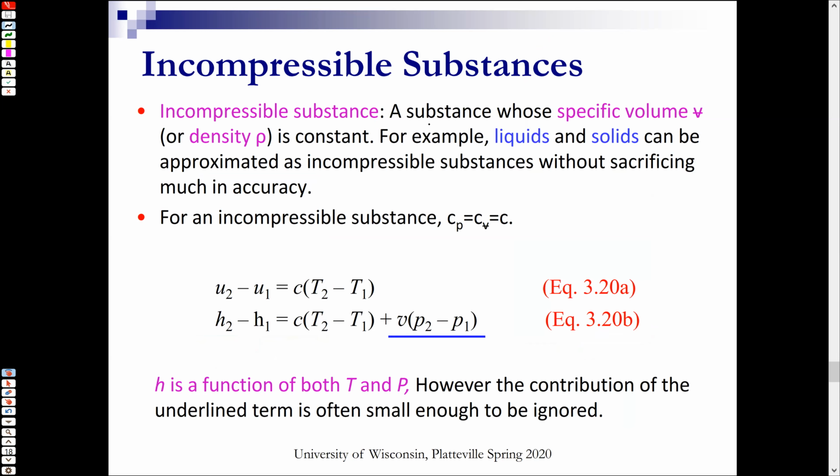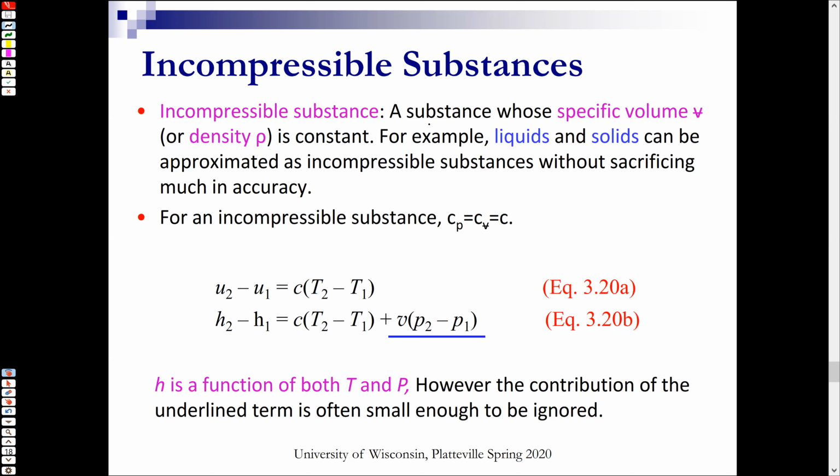For instance, the density of water under huge pressure, like the density of water at the floor of the ocean, is higher than the density of water on the earth's surface, because of the huge pressure applied over there. But even under such a huge pressure, the change in the density of water is really negligible. So we can say with very good accuracy that the density, and hence the specific volume, of liquids is constant. It doesn't change that much.